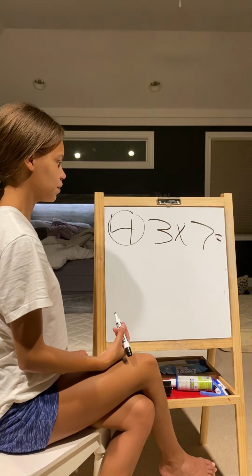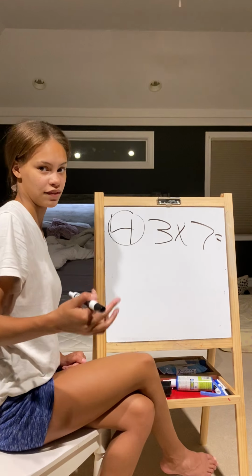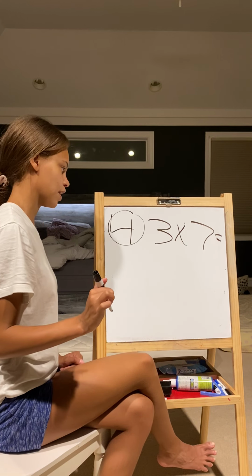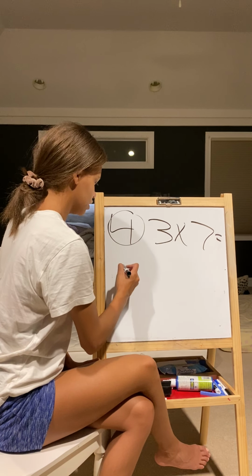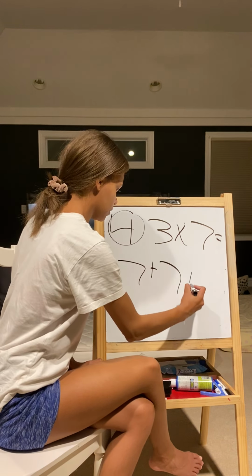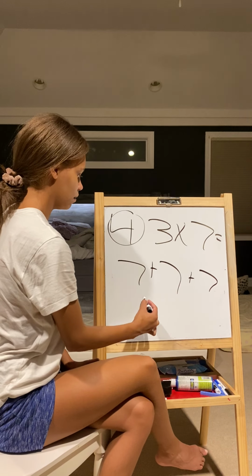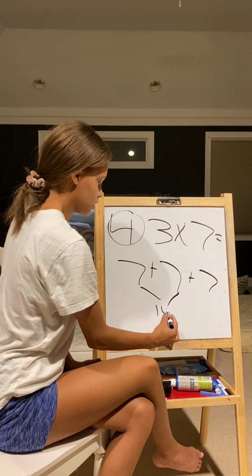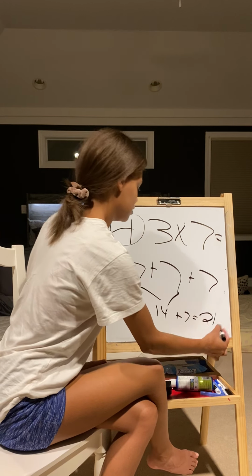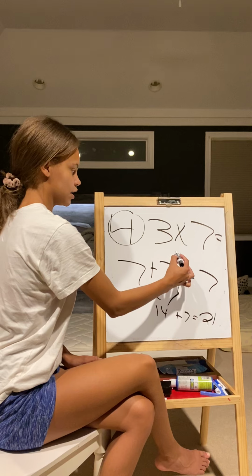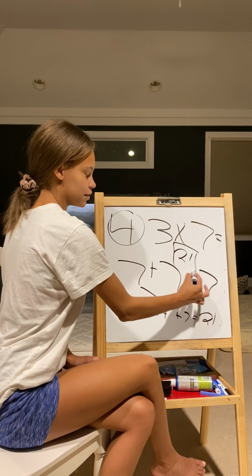So we can write down 7 plus 7 plus 7, or 3 7s rather than 7 3s. 7 plus 7 is 14, plus another 7 is 21. So 7 times 3 is 21.